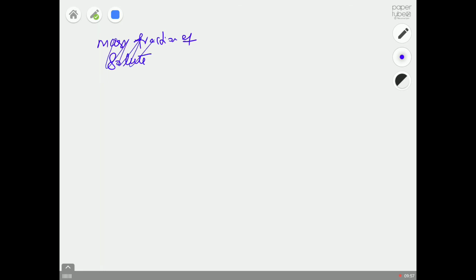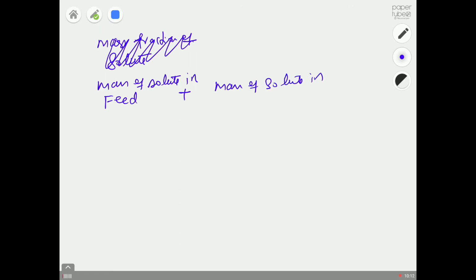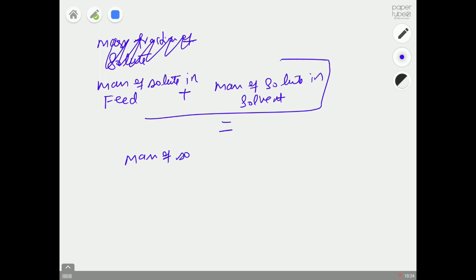Mass of solute in feed plus mass of solute in the solvent should be equal to mass of solute out.